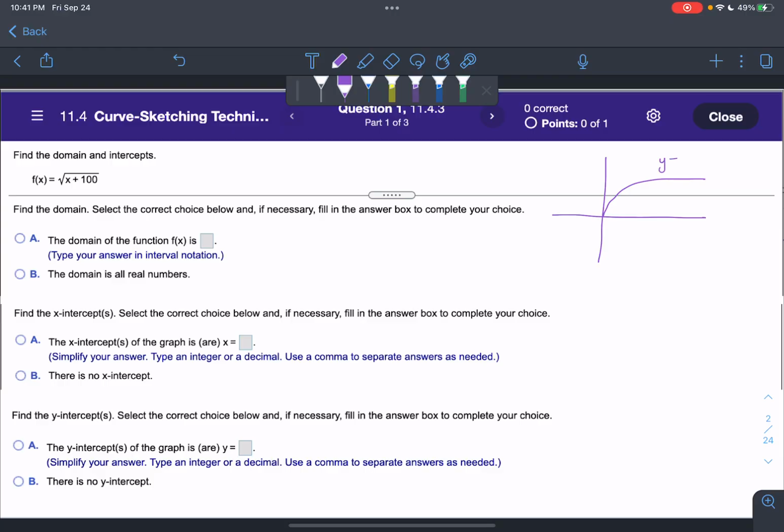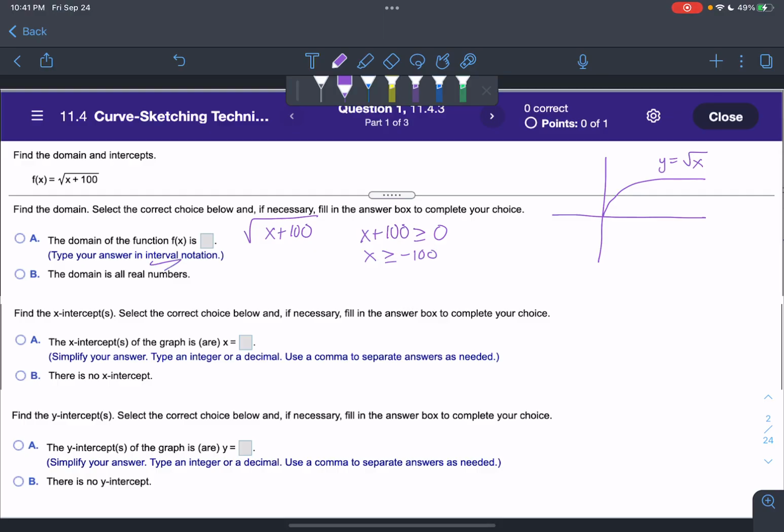If this was just y equals square root of x. So now we have square root of x plus 100, where whatever's under the radical has to be greater than or equal to 0. It cannot be negative. So this means that x has to be greater than or equal to negative 100.